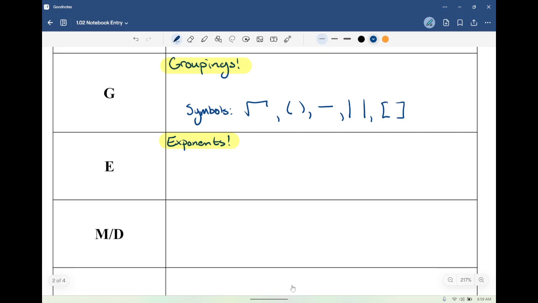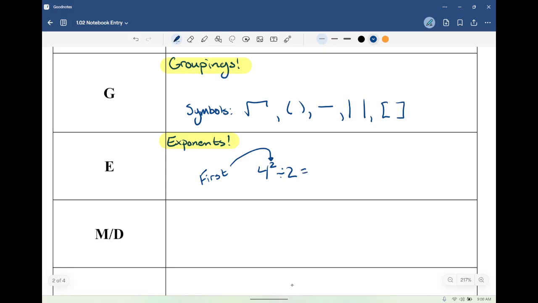And so things you might see, 4 squared divided by 2. This square needs to be the first thing that we attend to. If it is not, we are not properly following our order of operations.